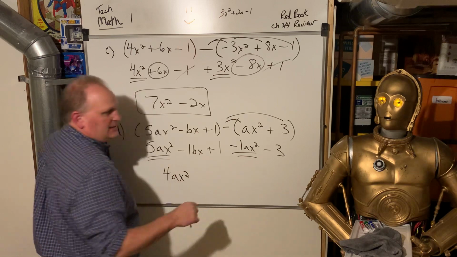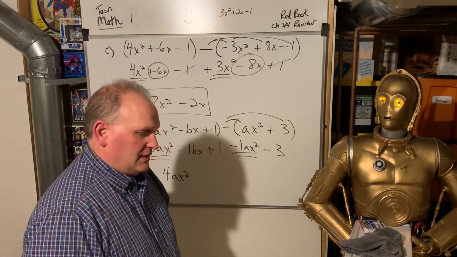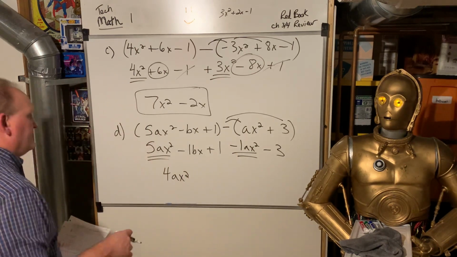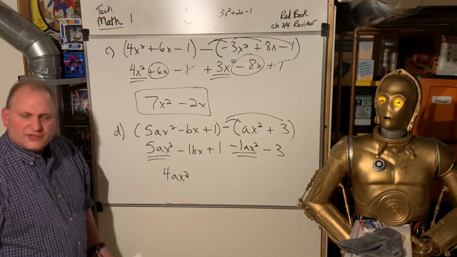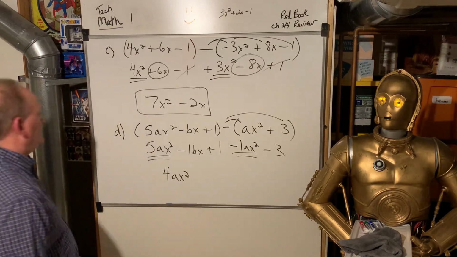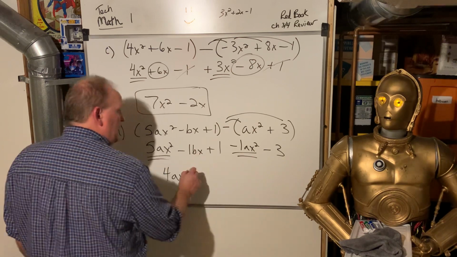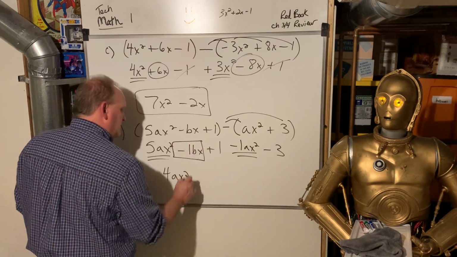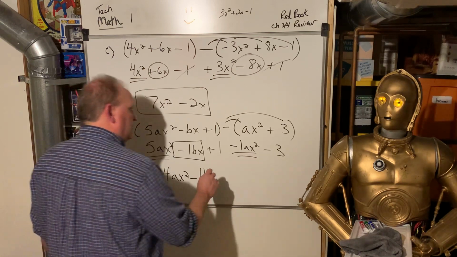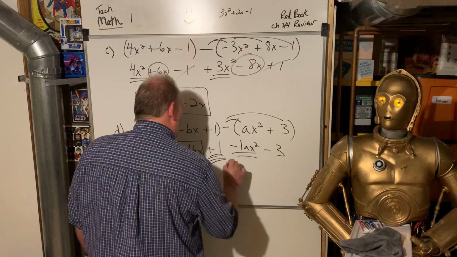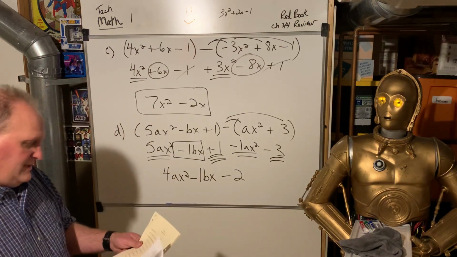Remember, just the coefficient, just the number in front changes, not the whole thing. Oh, geez, and I'm supposed to have my red shirt on, not my blue shirt. This is what a mess this is. So minus 1bx and minus 2. All right.